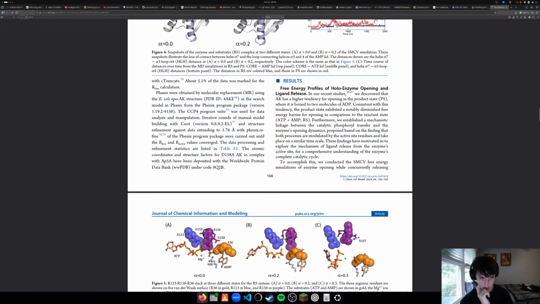For energy profiles of holo enzyme opening, we discover that AK has a higher tendency for opening in the product state, where it is bound to two molecules of ADP. Consistent with this tendency, the product state exhibited a notably diminished free energy barrier for opening in comparison to the reactant state.